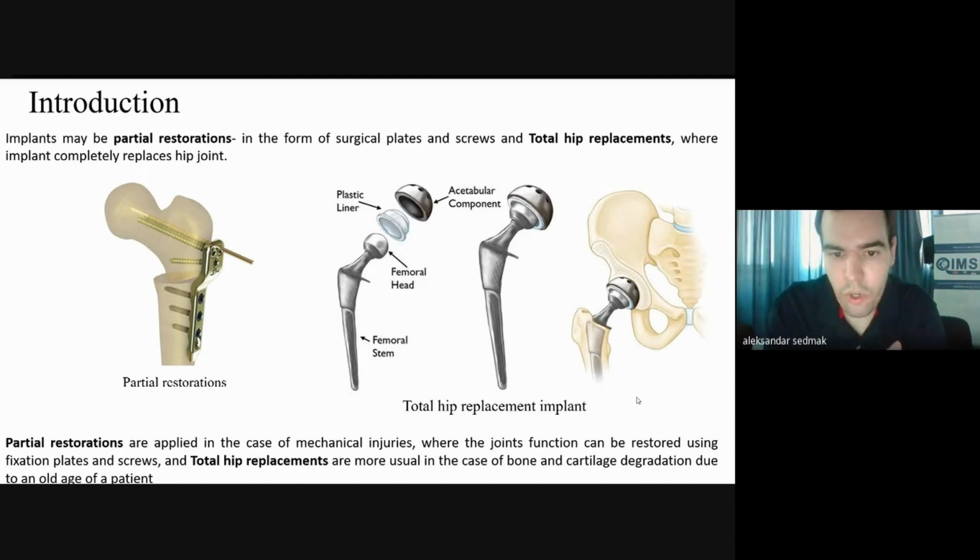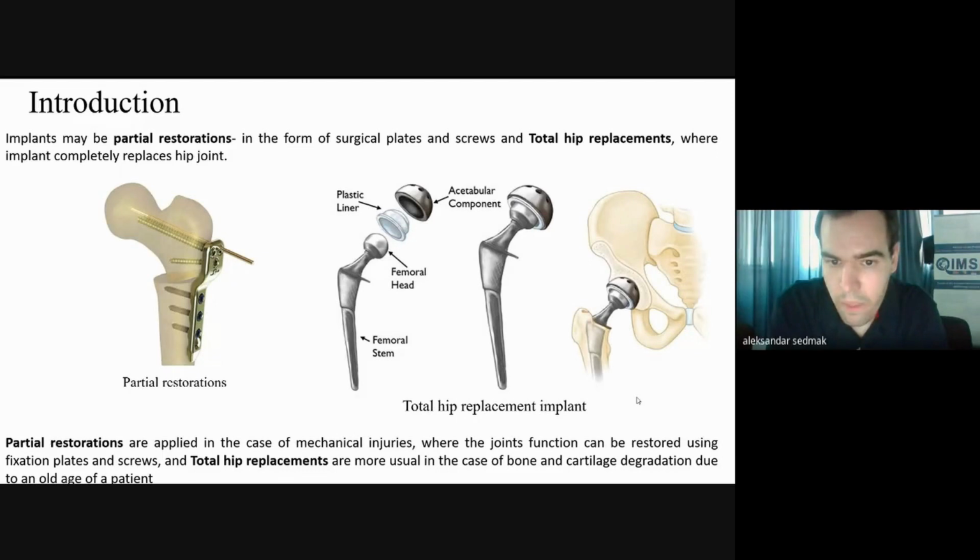replace a complete joint. So you have a stem component which is placed in the medullary canal of the femur bone. On that stem, you have a neck holding a femoral head. That is the first surface of the joint. And neighboring the head, you have a plastic liner.